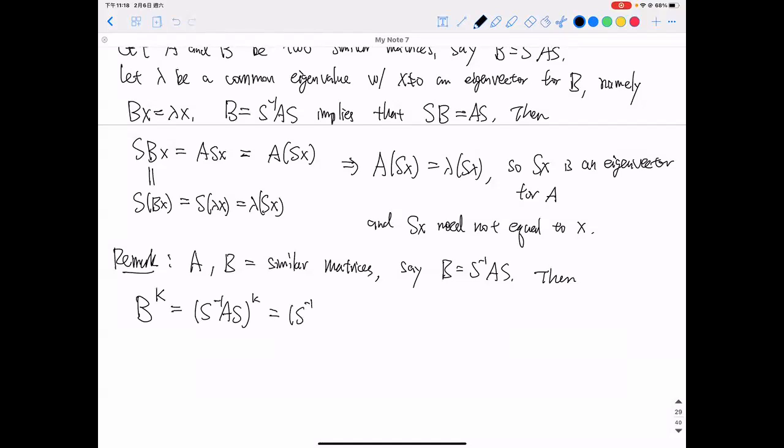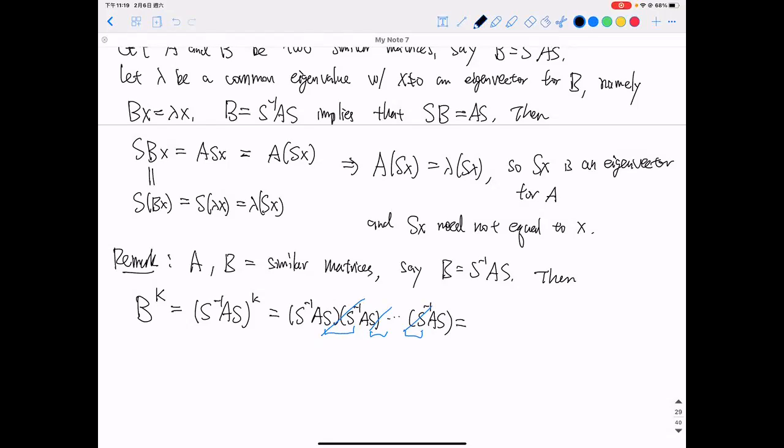So you just have K copies of S inverse AS multiplied together. Now here's the point. The product always has this feature that in between there's an S next to an S inverse, and those pairs will always get canceled. And likewise, there's an S inverse not shown here that cancels, and this S inverse comes with an S that's not shown here, so it's canceled.